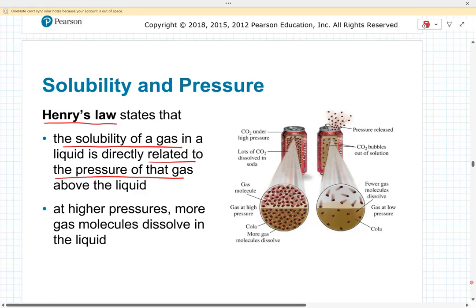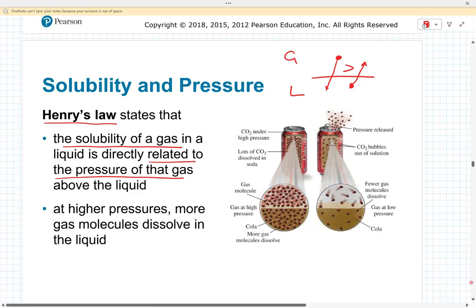Which makes sense. So what you have here is liquid, gas, right? Gas molecules go into the liquid and also leave it. If you increase the pressure of gas, there are more molecules coming in than the ones coming out. And the concentration of gas in the liquid increases.